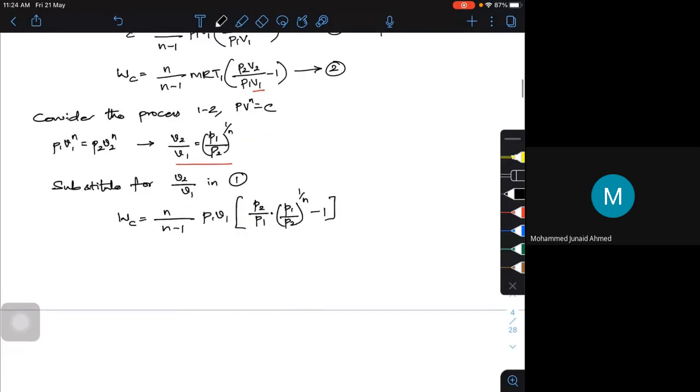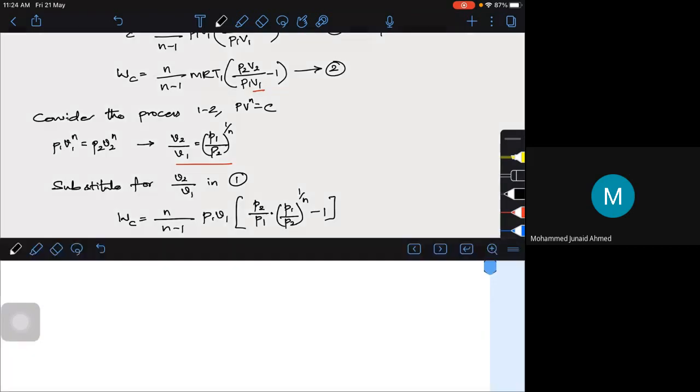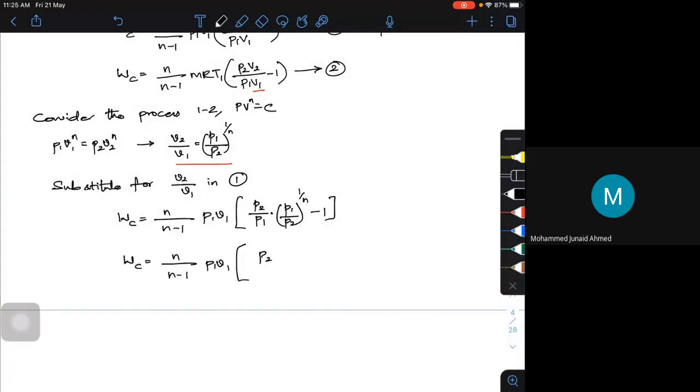Now if you look at it, I can simplify the same expression as n by n minus 1 P1 V1 into P2 by P1. If I take the exponent, 1 minus 1 by n, I can write it as n minus 1 by n.